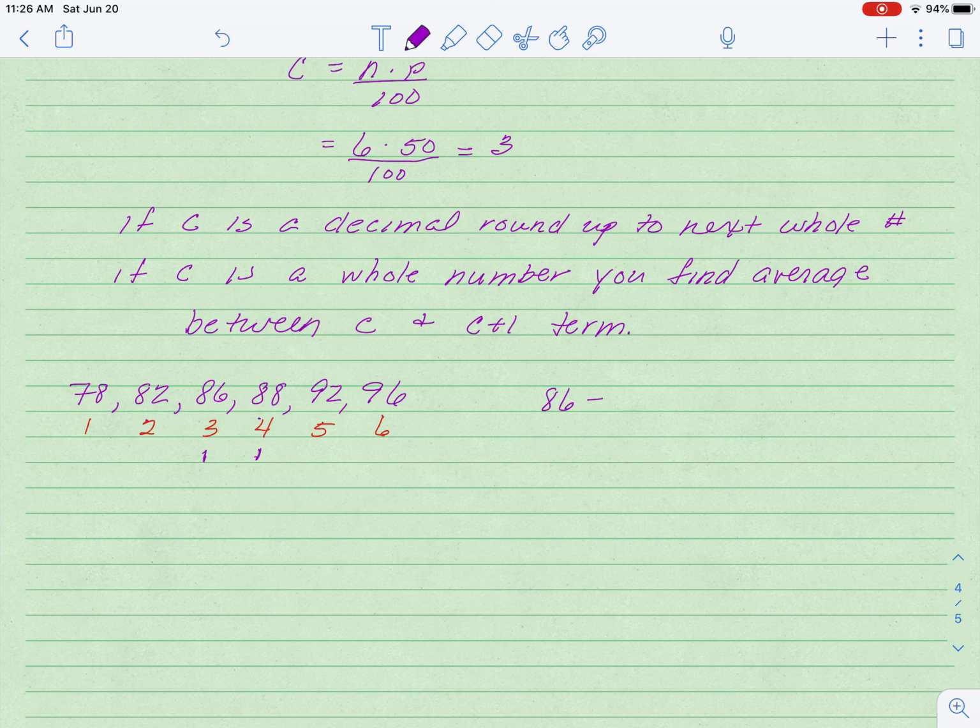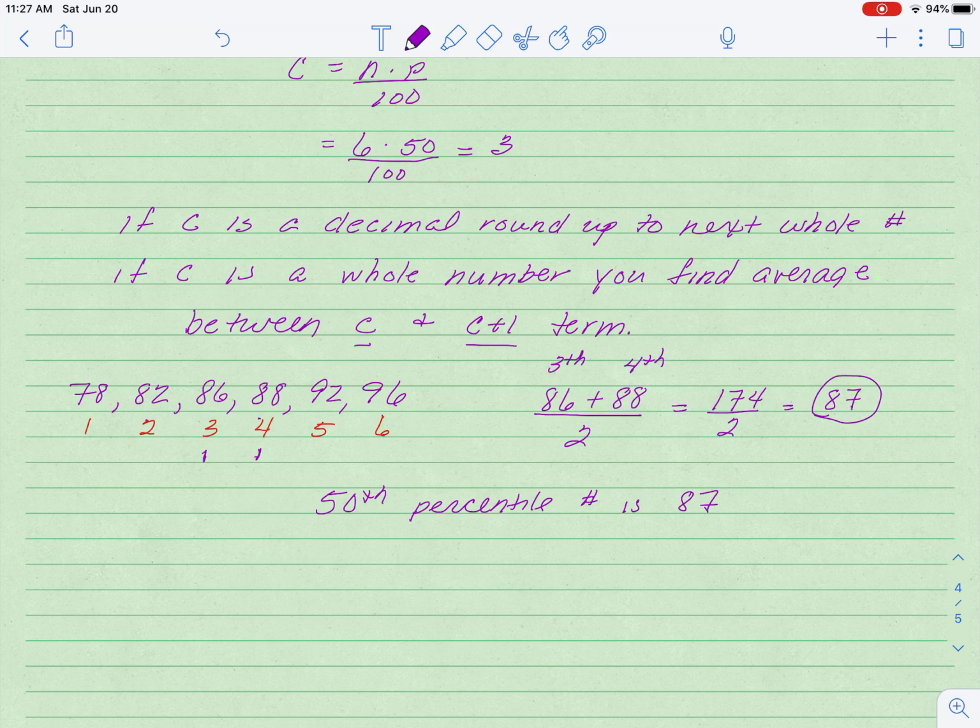So I've got to go 86 plus 88, that's the third number and the fourth number. That's our C and C plus 1 number. And then add them together and divide by 2. So that's going to be 86 plus 88, 174 divided by 2, and that's 87. So the 50th percentile number is 87.